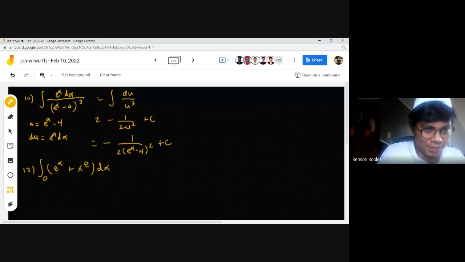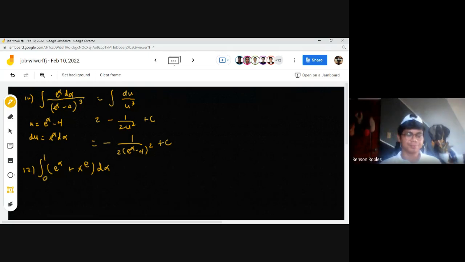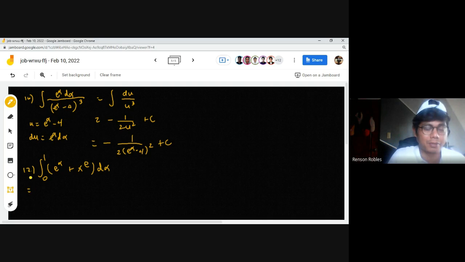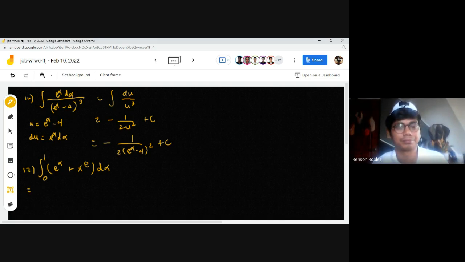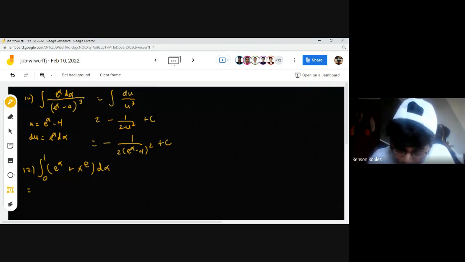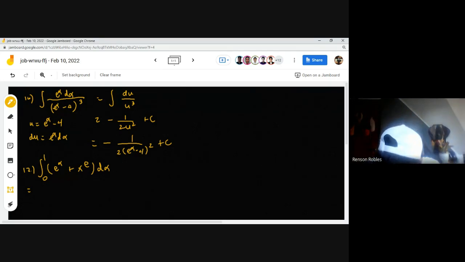Let me see. 0 to 1. Can you please evaluate the particular integral? What's the integral of e to the x plus x raised to e?